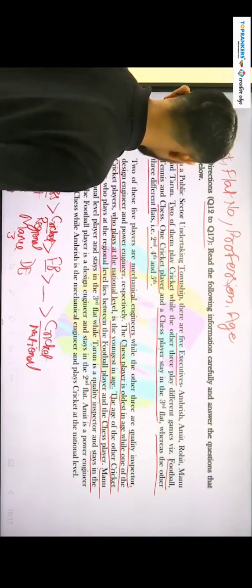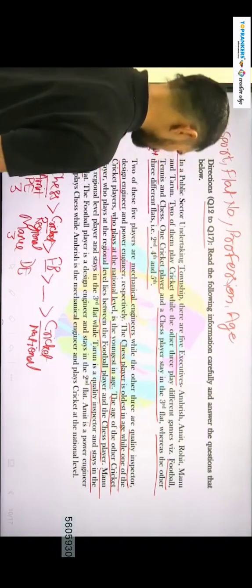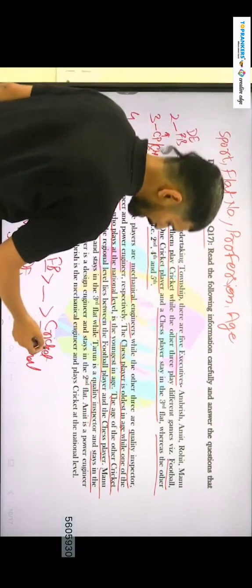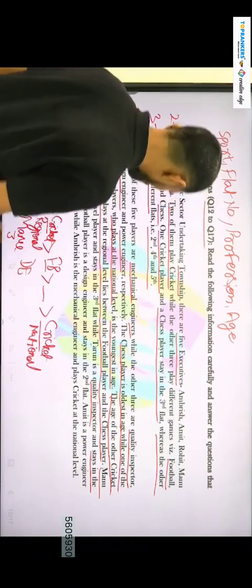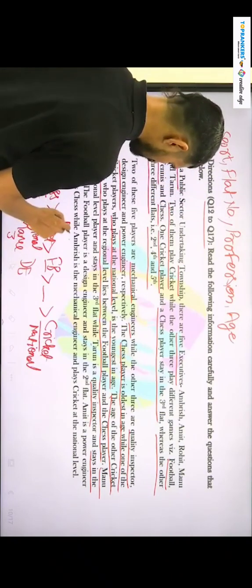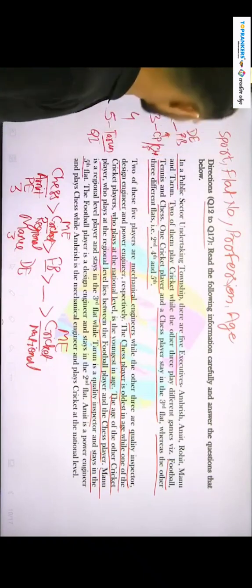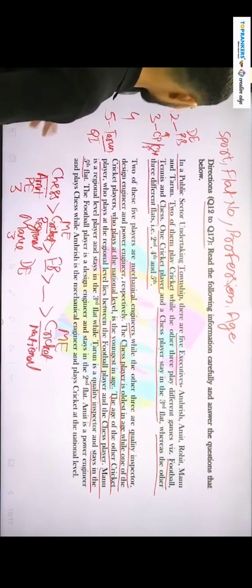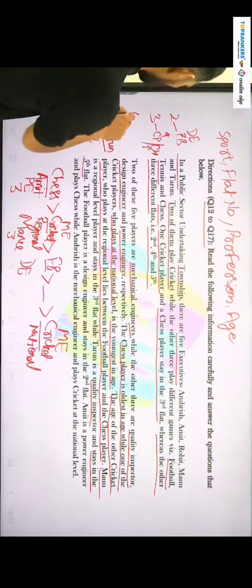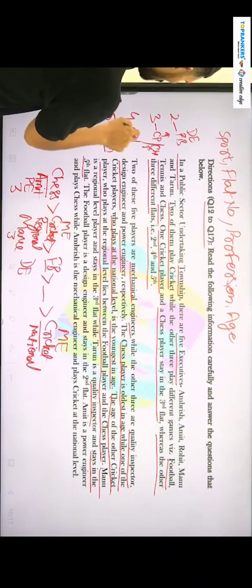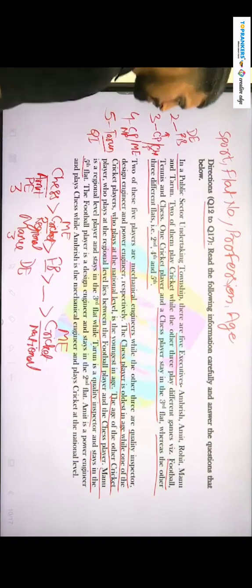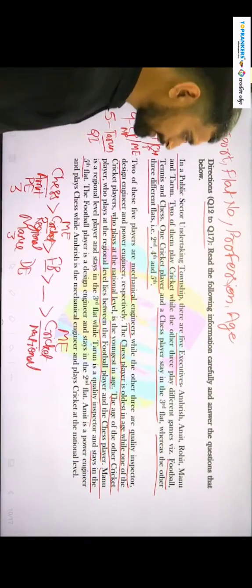So we have design engineer, quality inspector, and power engineer. So Manu and some other cricket player must be mechanical engineers, and the other cricket player is living in flat number four, and this cricket player is the national level player.